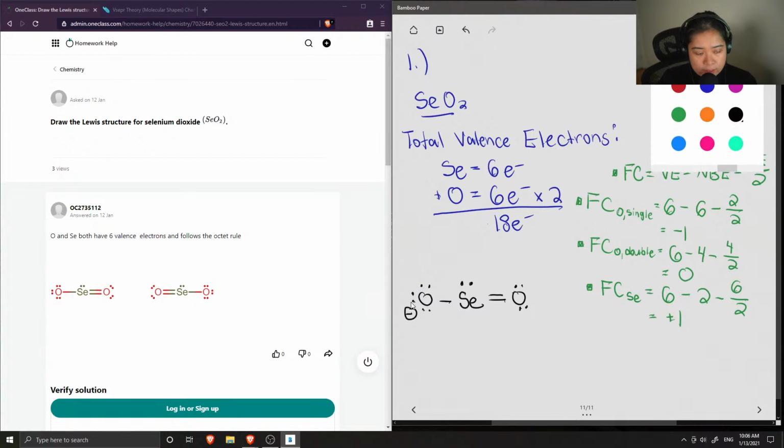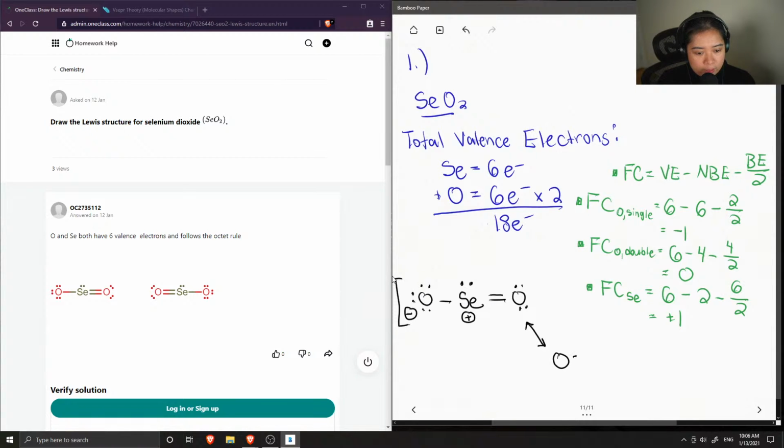That means our selenium will hold a positive charge. We can also show resonance structures, with our leftmost oxygen having the double bond, and our rightmost oxygen having the negative charge.